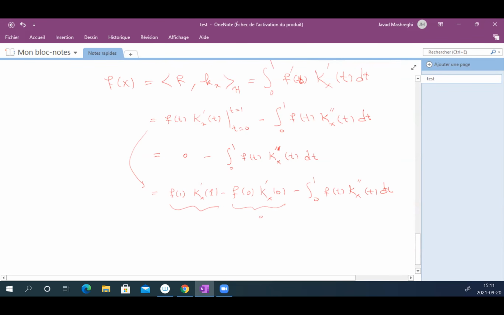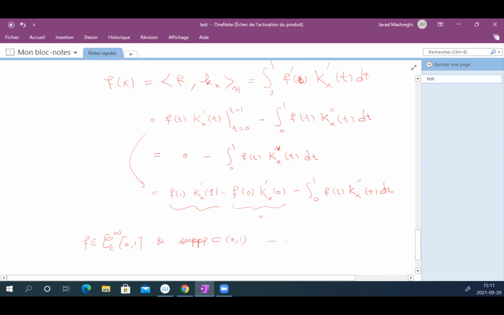Also, at the same time, remember that we are working with the class of test functions f to obtain the differential equation. f is in C infinity with compact support in the open interval 0, 1.